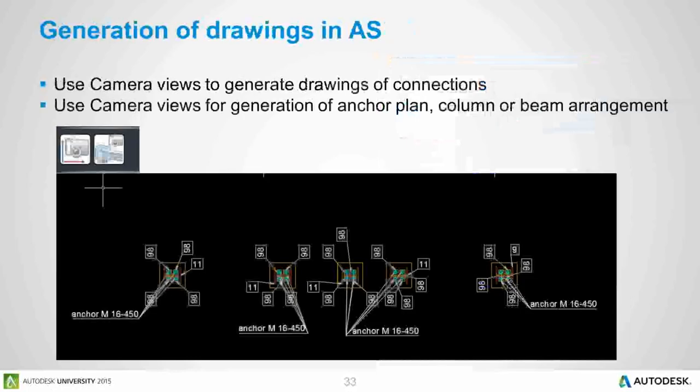And in addition to the steel connection notes, you may also add some other data from the Advanced Steel model to the Robot printout composition. For example, it can be an anchor bolt plan generated with use of a camera view.